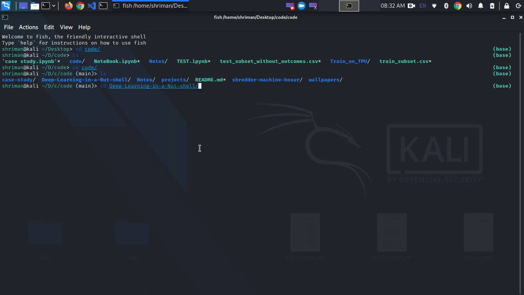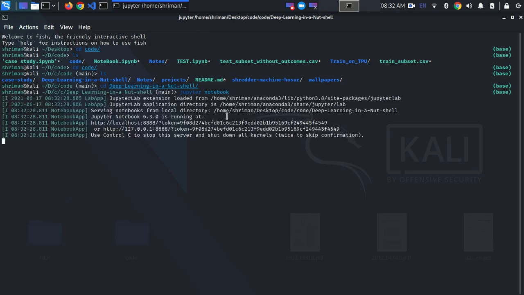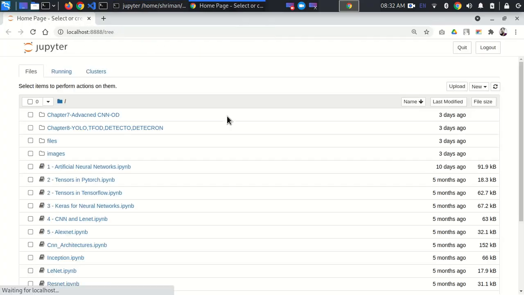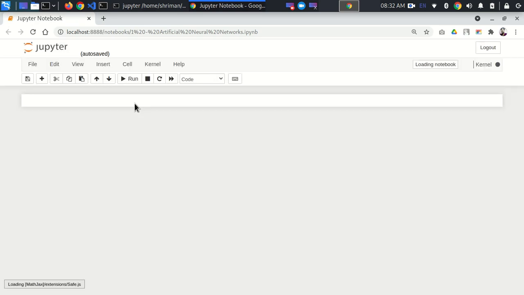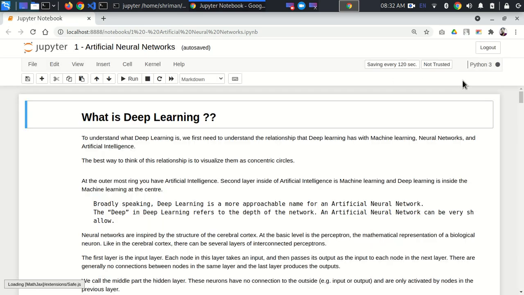I have lots of files in that one, so I just go into this deep learning folder. Now here I will open our Jupyter notebook. Jupyter Lab or notebook, anything you can open, both are similar. Yes, I think it has been opened, right? Now I will navigate to this one. It's just opening, guys.